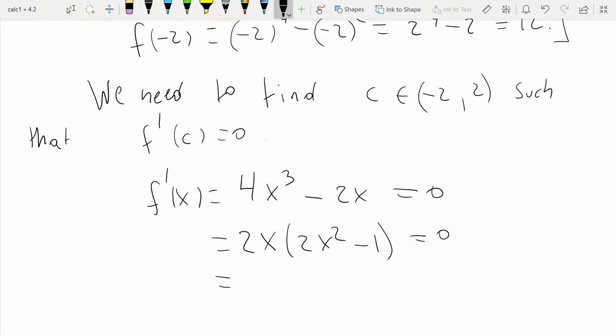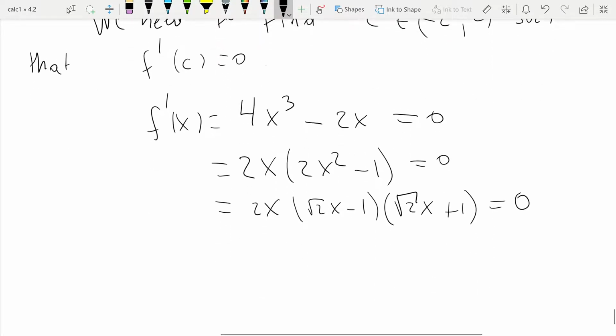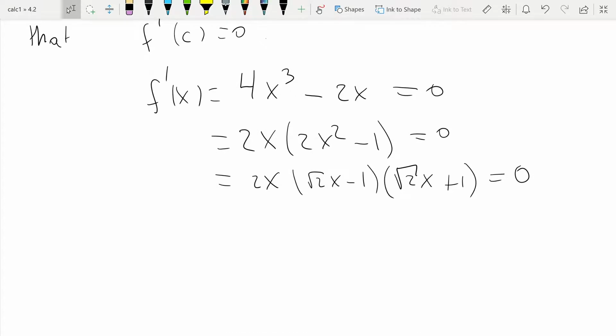And then we can write this as 2x times square root 2 x minus 1 times square root 2 x plus 1 is equal to 0. So we have 3 roots, one coming from each factor.